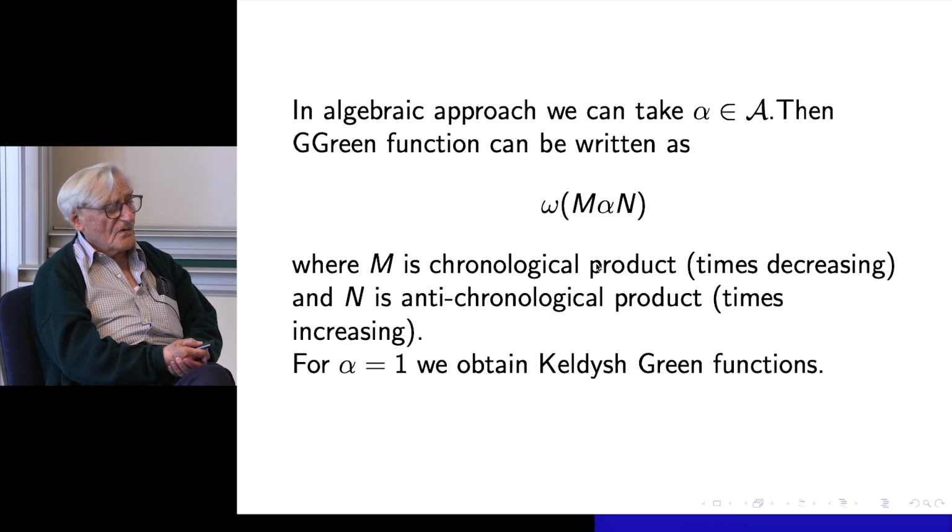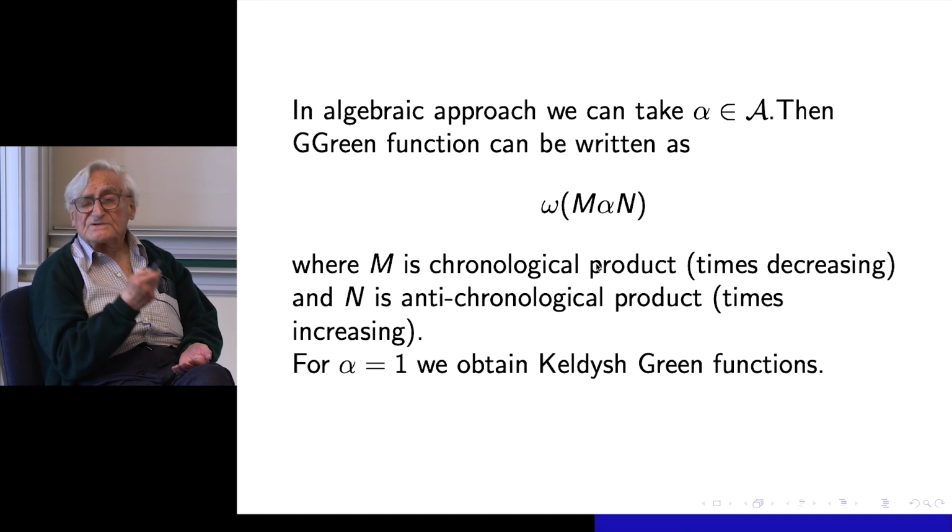You have omega m alpha n, where m and n are chronological and anti-chronological products.